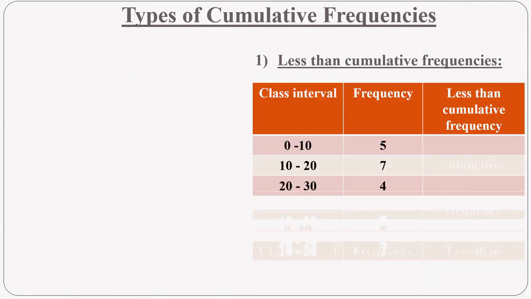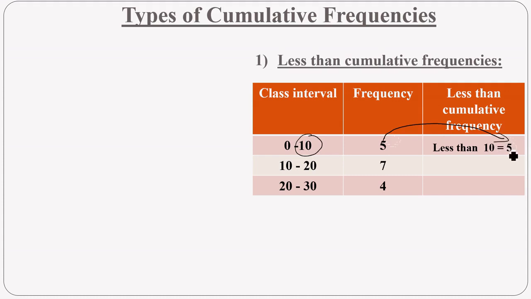Now, what are the various types of cumulative frequency we have? We have only two: less than cumulative frequency and more than cumulative frequency. In the problem here, class interval will be given, frequency will be given. You need to calculate less than cumulative frequency. How to calculate? We need to focus on the upper boundary, that is, we need to write here less than 10. First we need to write the frequency which is given in the problem.